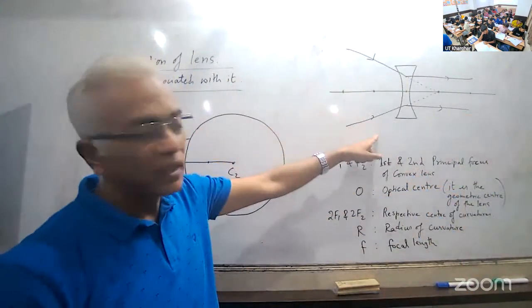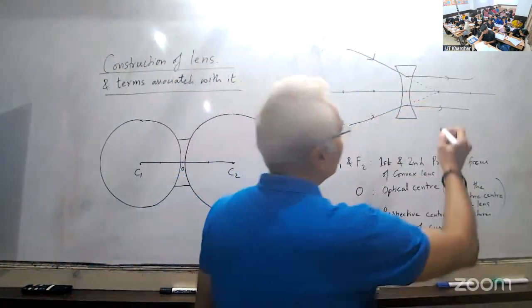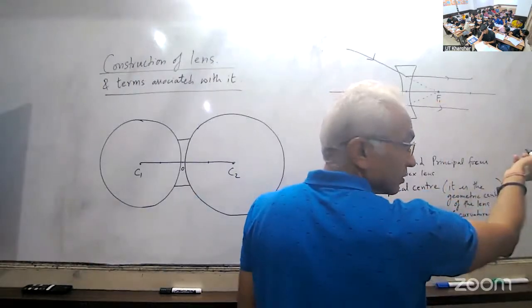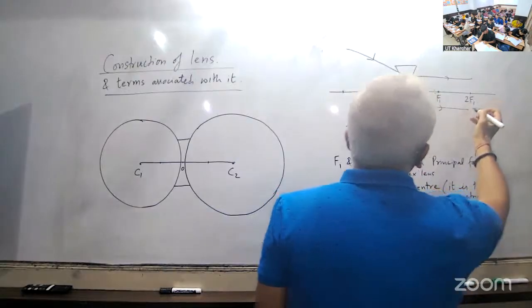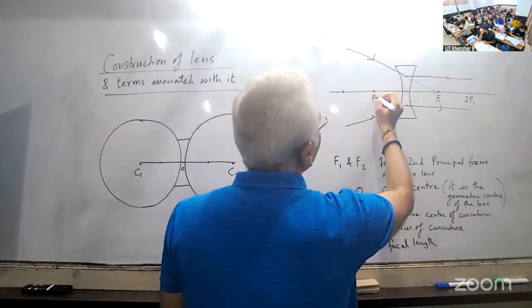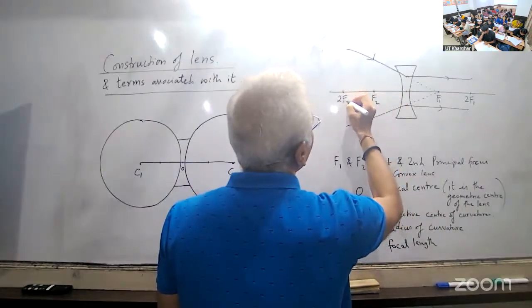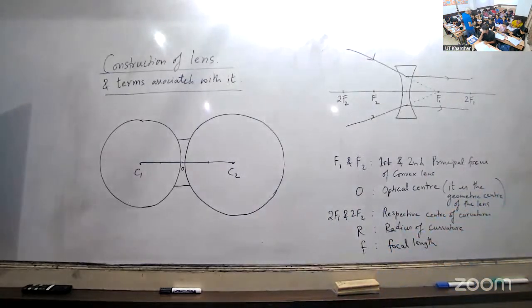So the incident ray became parallel when it was incident toward the focus. Now the first principal focus for concave lens will be on this side. Okay, so you have to know where is the first principal focus. For convex lens, it is on the left side, and for concave lens, it is on the right side.